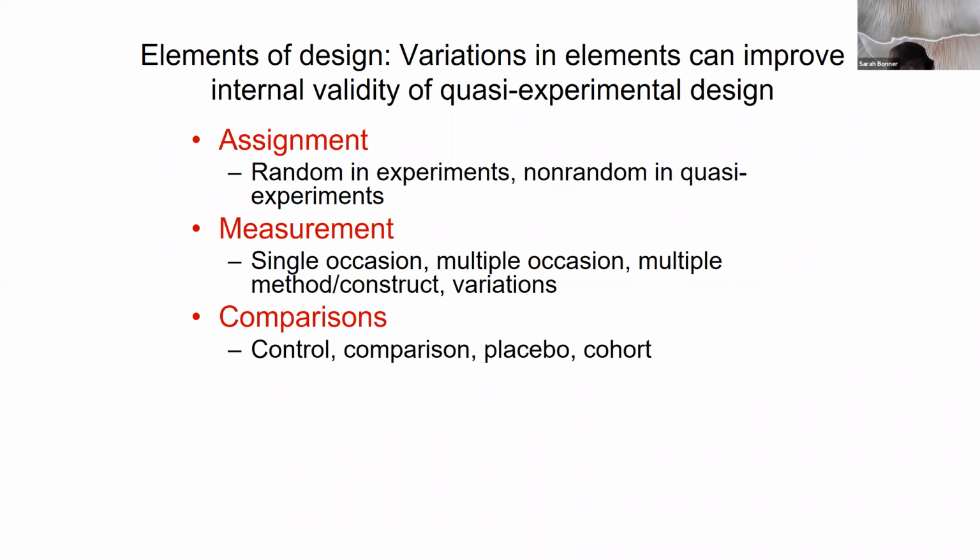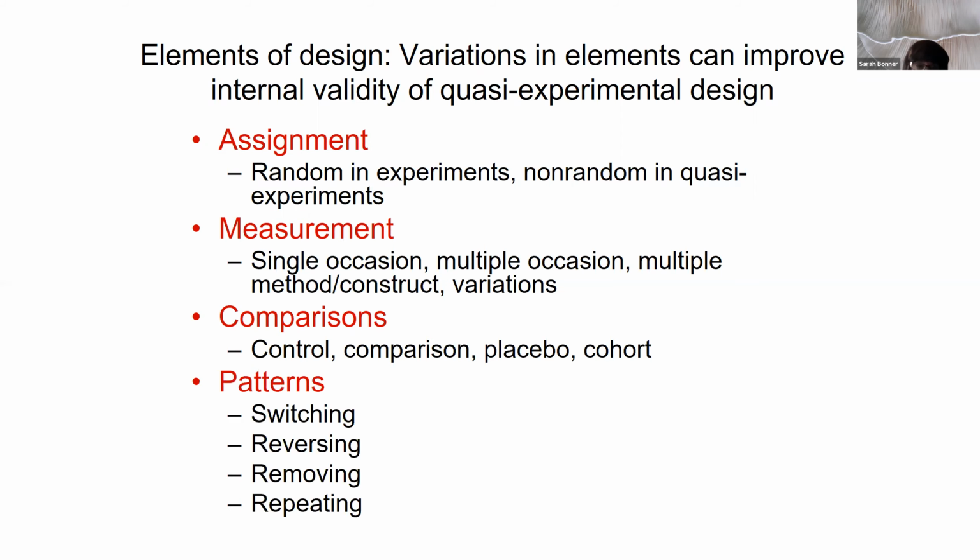You can also have more groups. So you can't randomly assign to groups, and therefore it might be desirable not just to have two groups, but to have more than two. And you can look for patterns in the way treatment is assigned. You can look for patterns in your results.